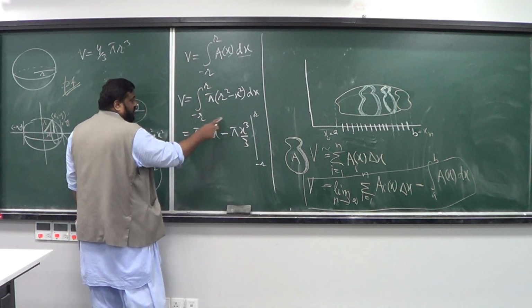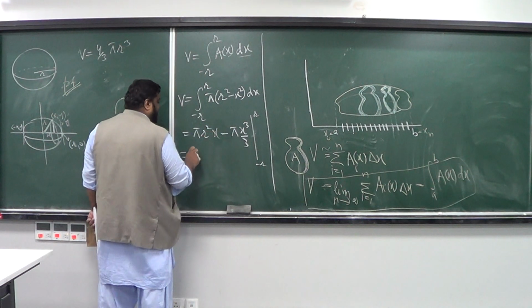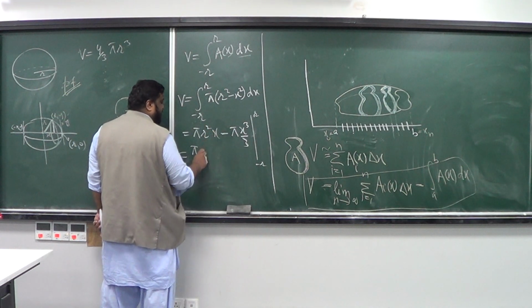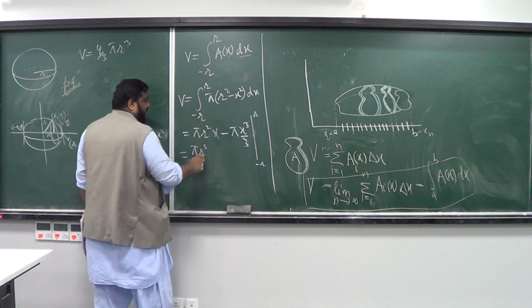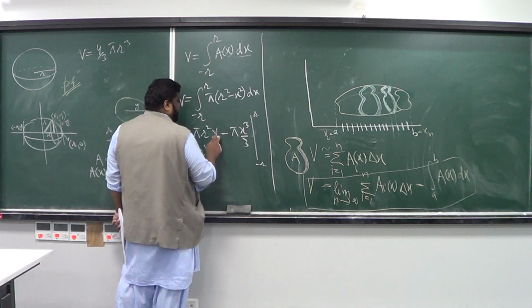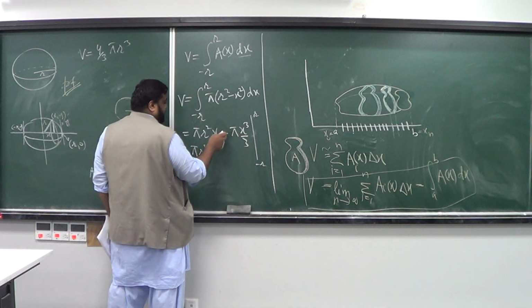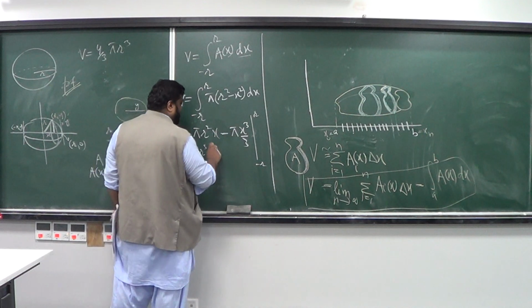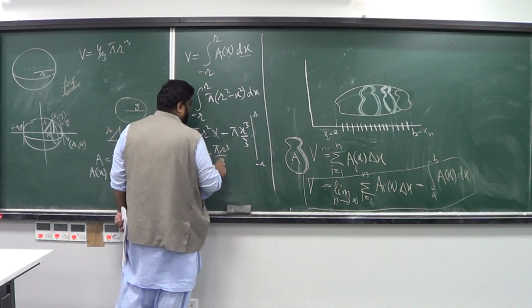When you substitute the first value, you get pi r square multiplied by r, which is pi r cube, minus pi r cube upon 3.